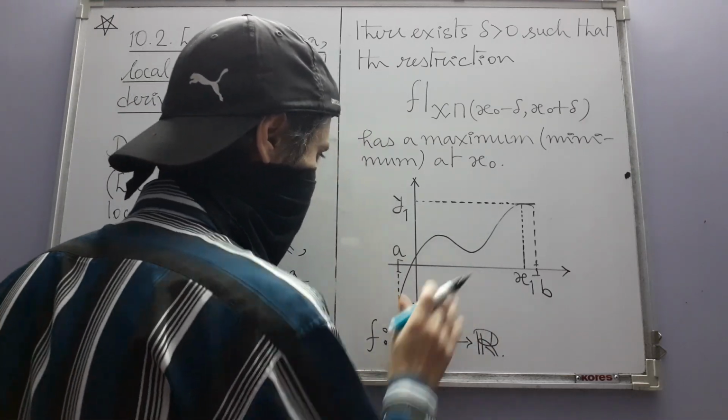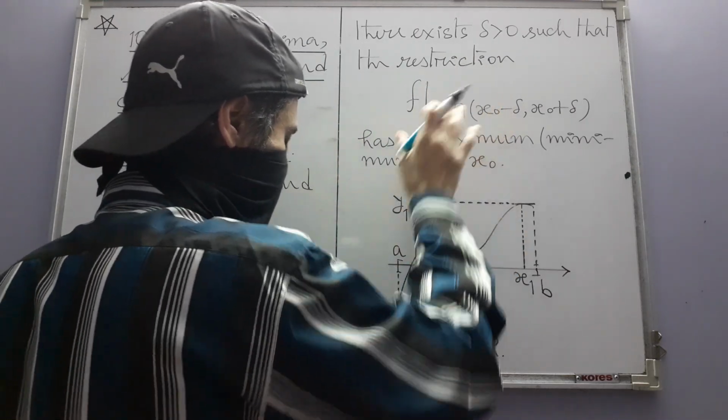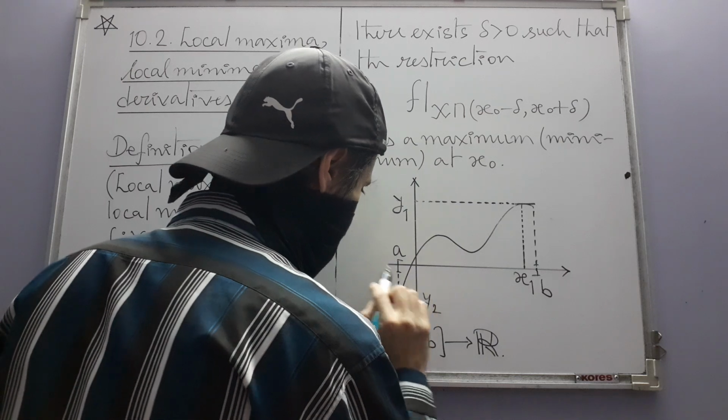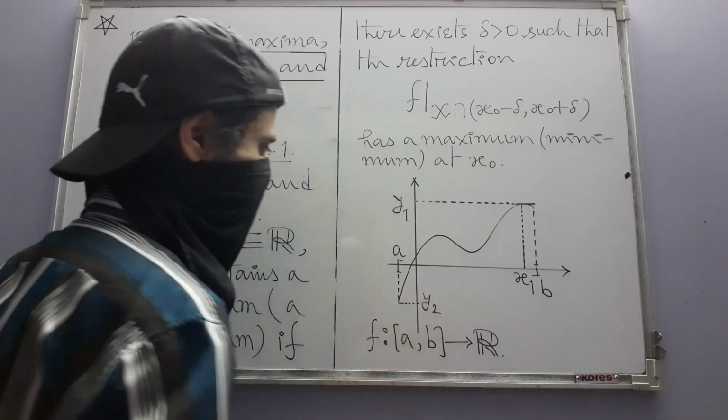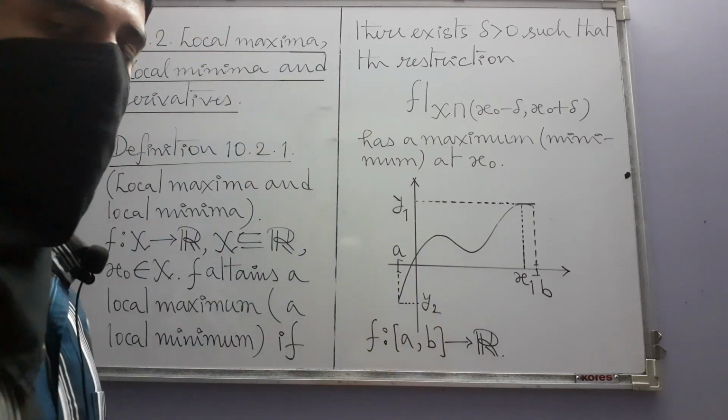It may be positive also if the graph lies above the x-axis entirely, and this value is attained at the left boundary point A.